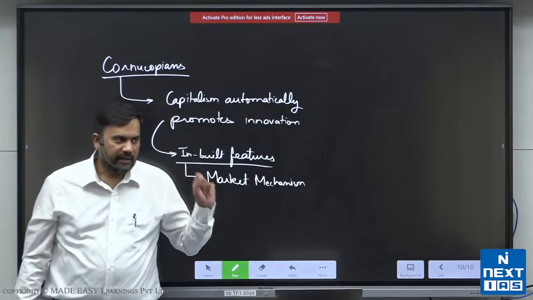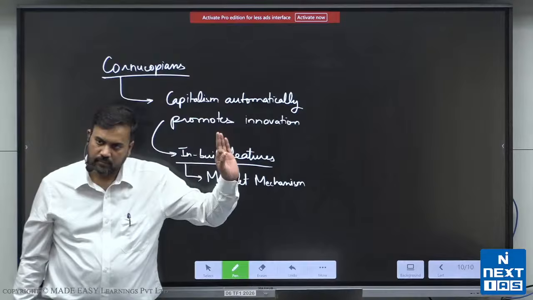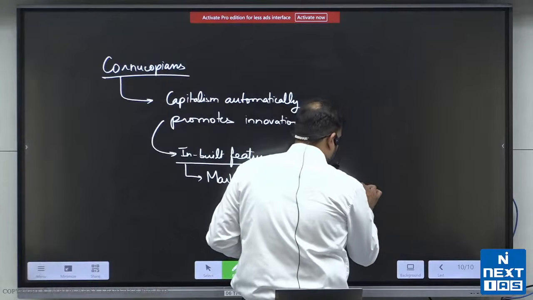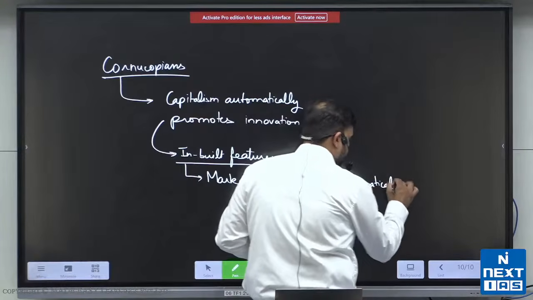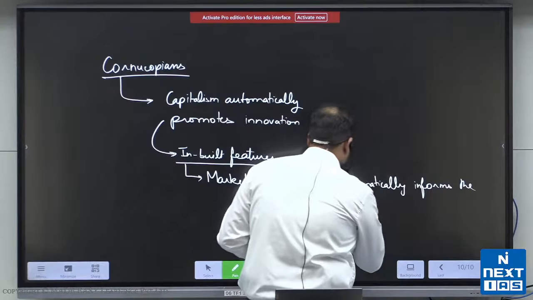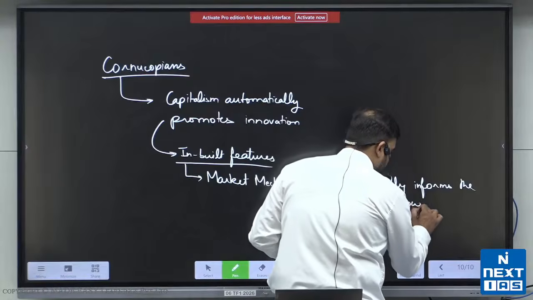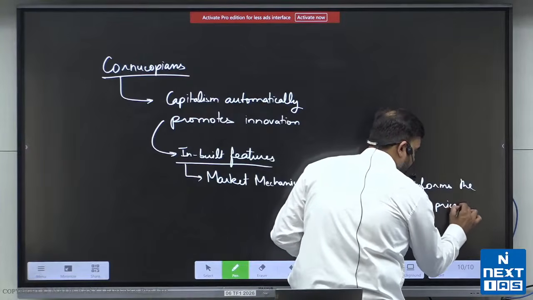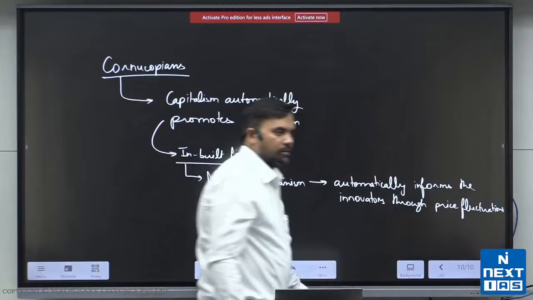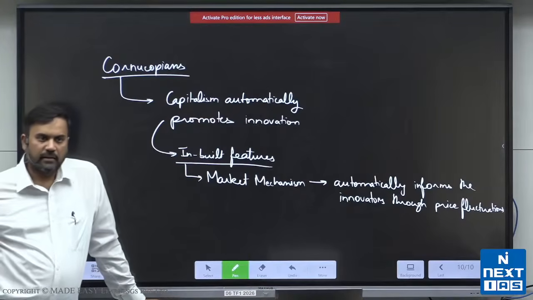So the market mechanism automatically informs the innovators through prices or price fluctuations. Through price fluctuations, innovators directly come to know that here there is a need for innovation.